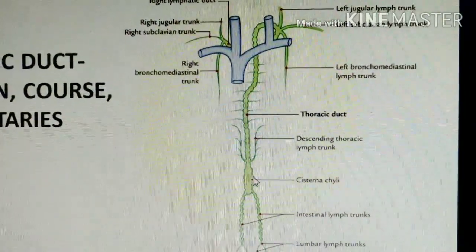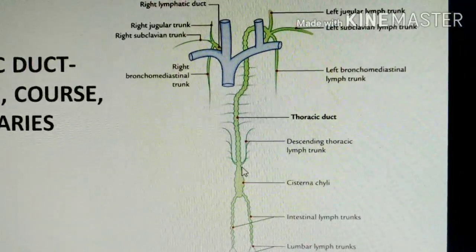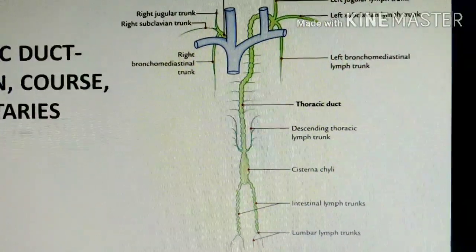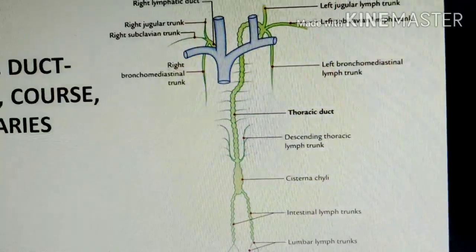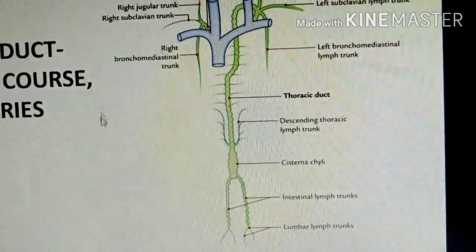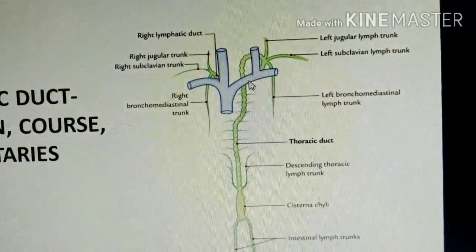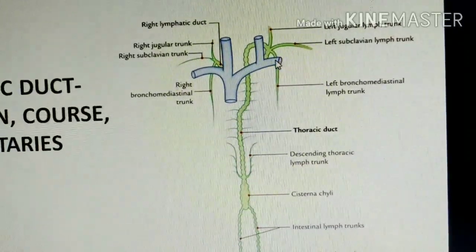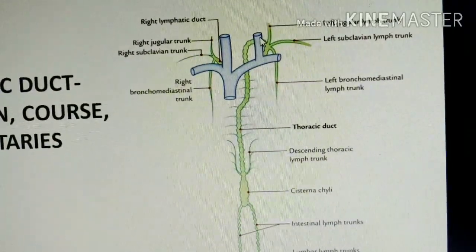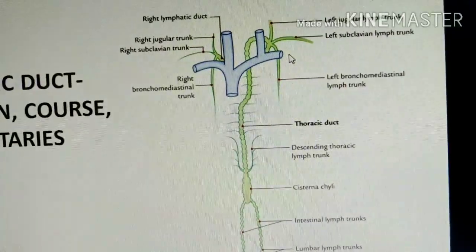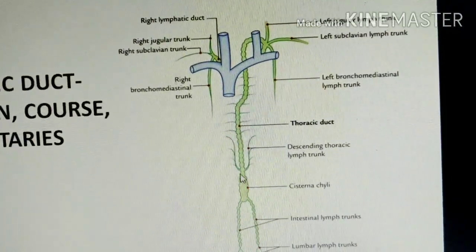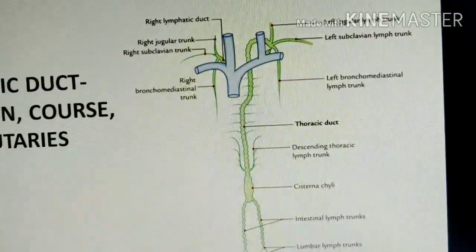From the upper end of the cisterna chyli, the thoracic duct goes upwards through the thoracic region, enters the posterior mediastinum, and drains at the junction of the left internal jugular vein and left subclavian vein. So this is the formation, course, and ending.